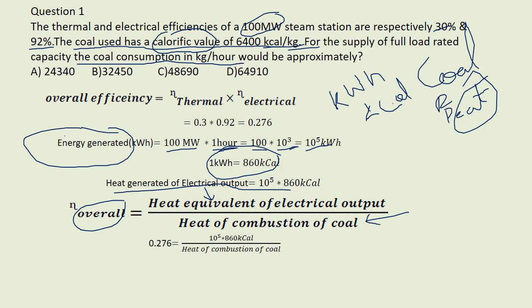If you put in the formula, 0.276 from the first part and 10 to the power 5 into 860 here, you will get the heat of combustion. The heat of combustion will be 311.594 kilocalorie. Right now we are discussing in kilocalorie.